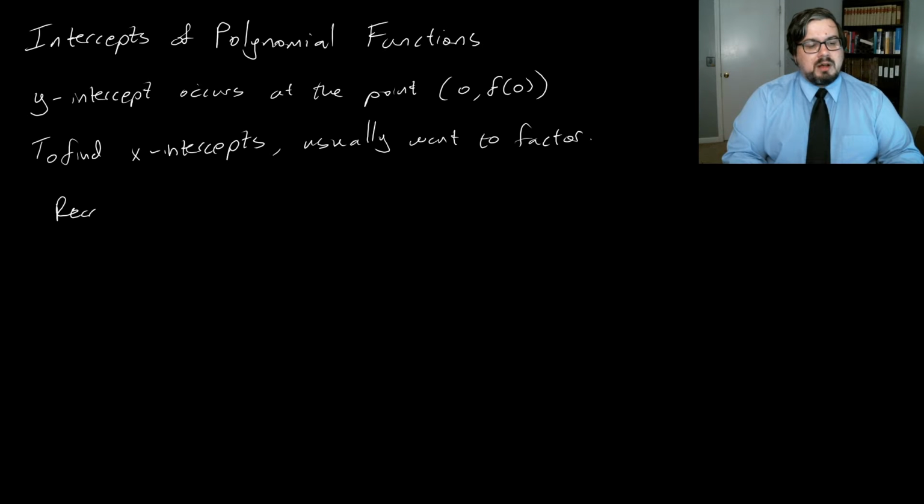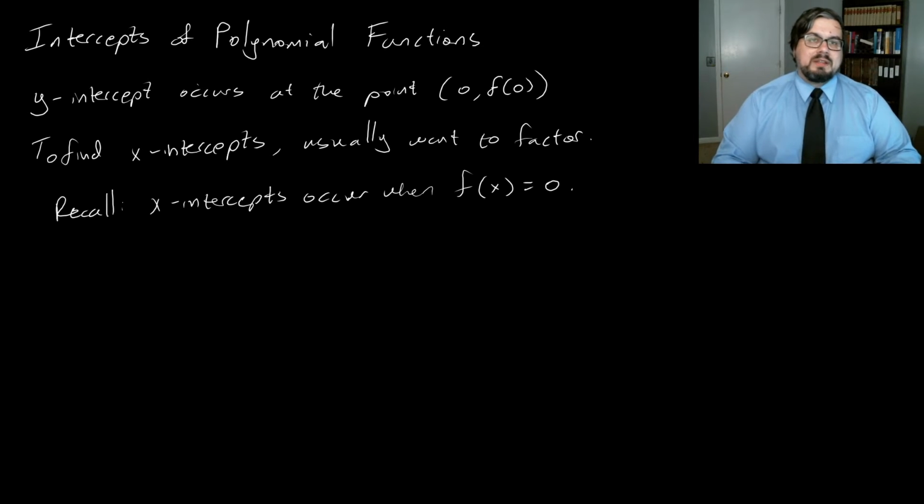So we recall that the x-intercepts occur when f of x equals 0. The x-intercepts are the points on the graph that lie on the x-axis, and the points on the x-axis are precisely those points that have a y value of 0.